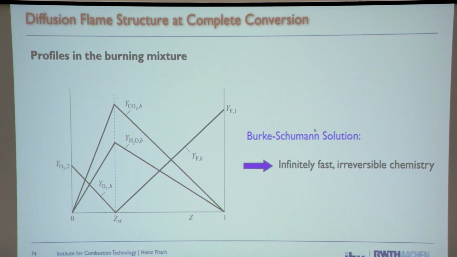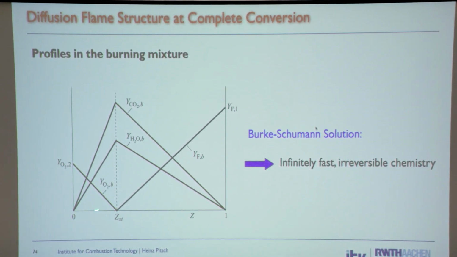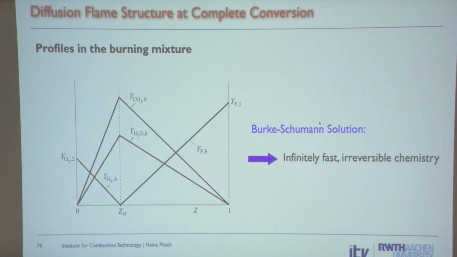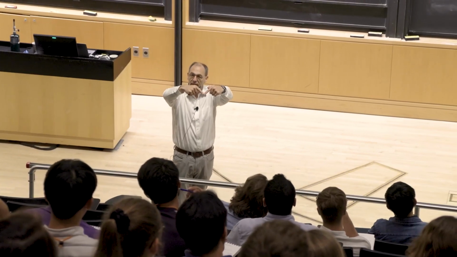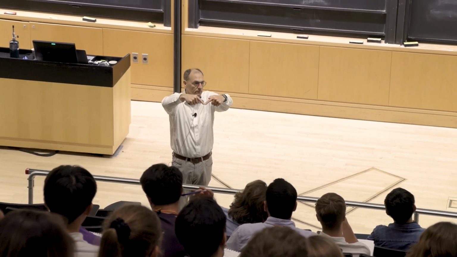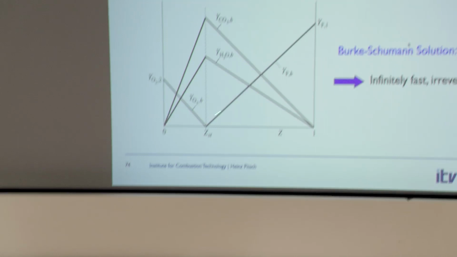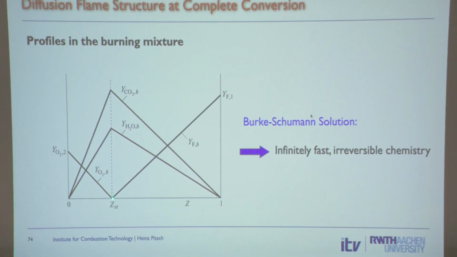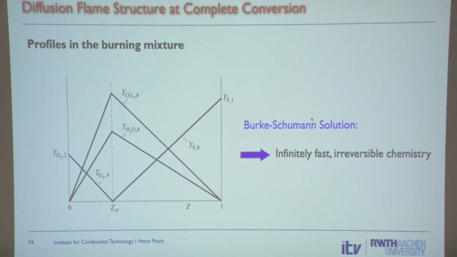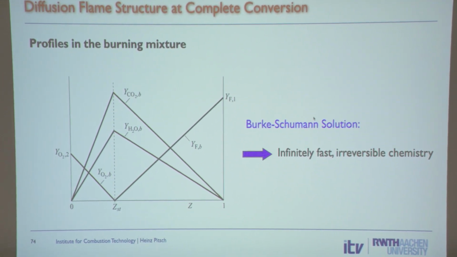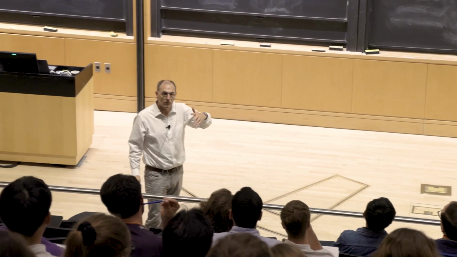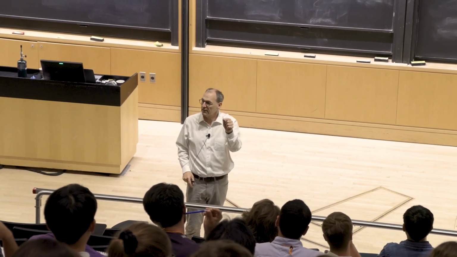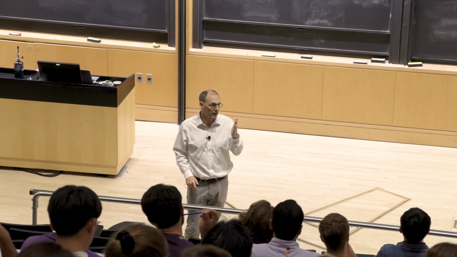Reactions cannot happen here because there's no fuel, okay? So reactions only happen if you have both fuel and oxygen at the same time, and that is only exactly here. As soon as you get a little bit of oxygen and fuel at the same time, fast chemistry makes it go away, okay? So that's why the reaction zone in this model is infinitely thin.